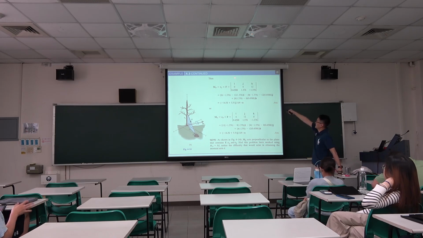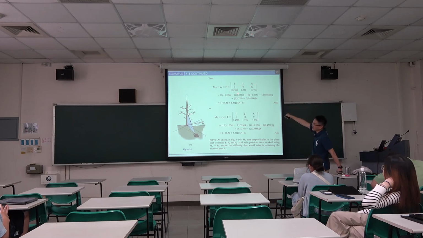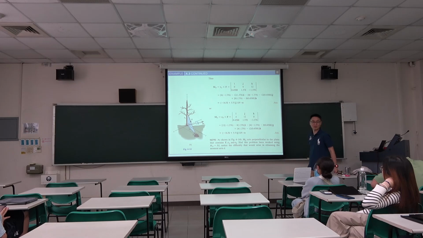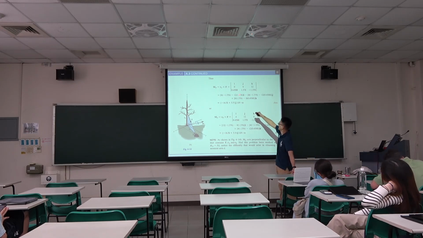First, we cancel this part, so we use positive minus, but 0 times this part is 0. So we only have 12 minus 12 times 1.374. That's 76, this part.